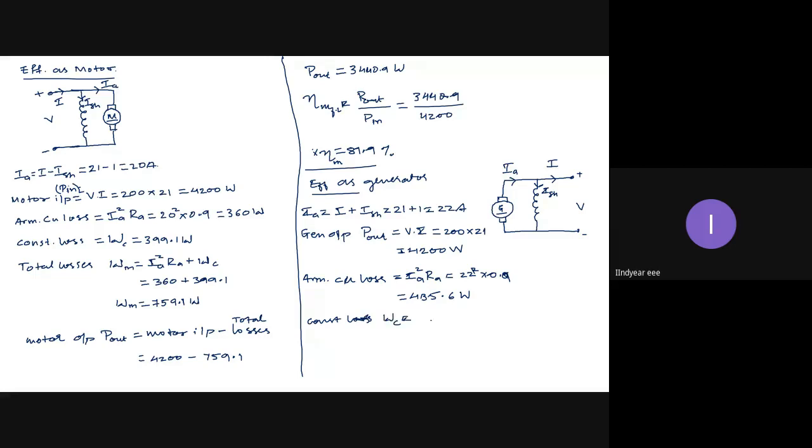It is 399.1 watts. So therefore total losses WM is equal to IA square RA plus constant loss, equal to 435.6 plus 399.1, that is 834.7 watts.